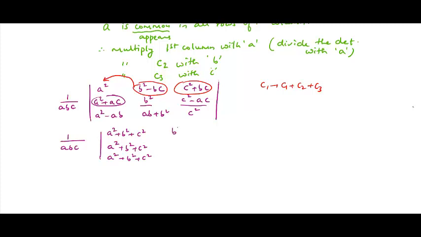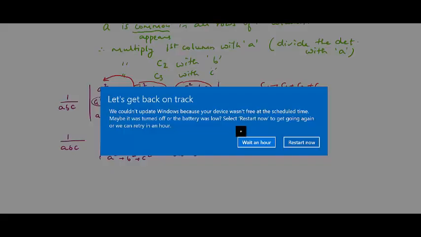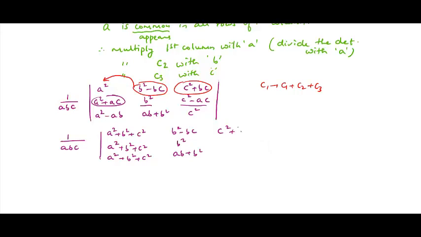The remaining elements we leave as they were: B square minus BC, B square, AB plus B square, C square plus BC, C square minus AC, and then C square.